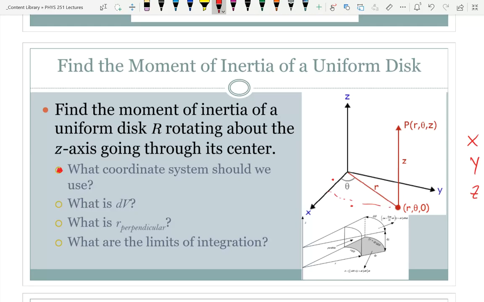What is R perpendicular? If I was using Cartesian coordinates, how would I find it? Now, remember, R perpendicular, what does that perpendicular mean? Perpendicular to where your R is headed. So if it's headed this way, if that makes sense. That is true, but the R's direction is perpendicular to the axis I'm rotating it about.